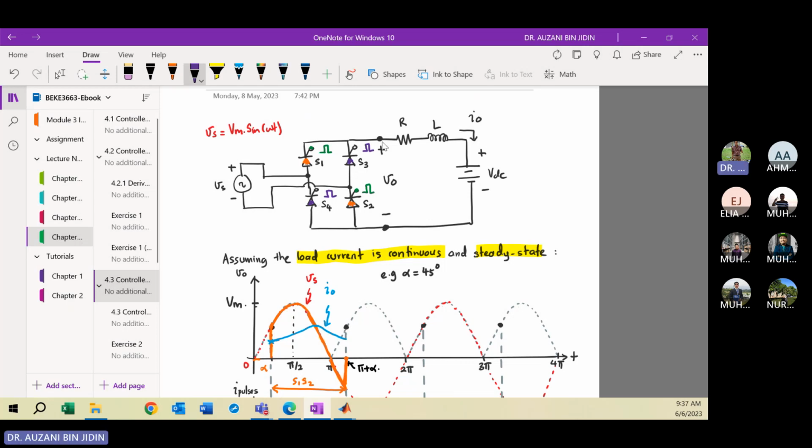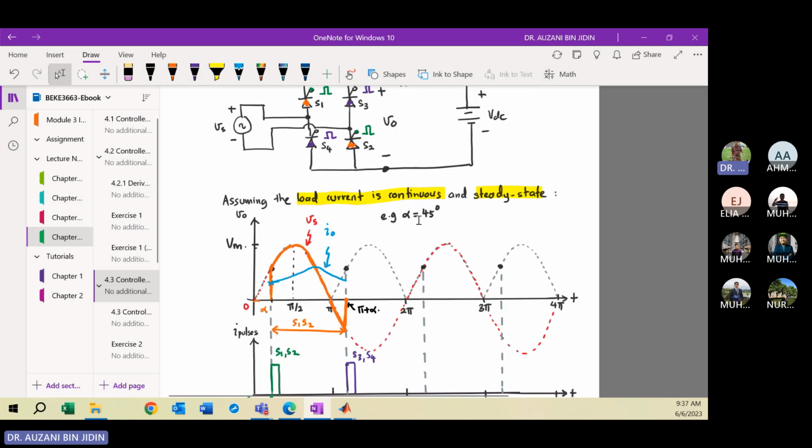When these switches conduct, your output voltage will be equal to what? In this case I use orange color. Suddenly your output voltage changes from 0 to this point, same as this point. Then your output will be equal to this line. The conduction angle will be extended to 2 pi plus alpha.